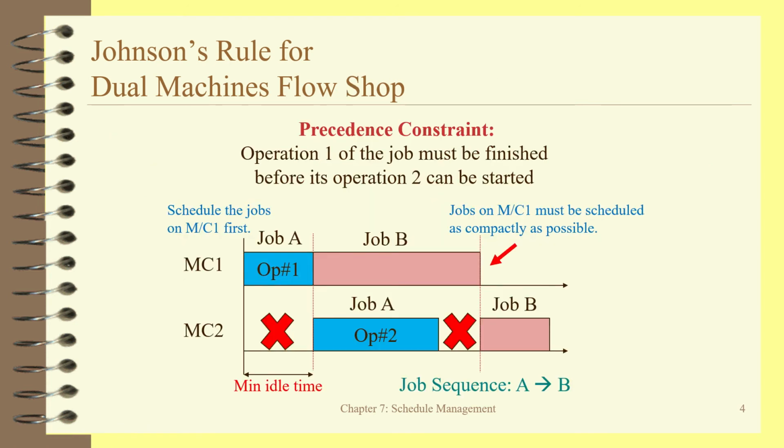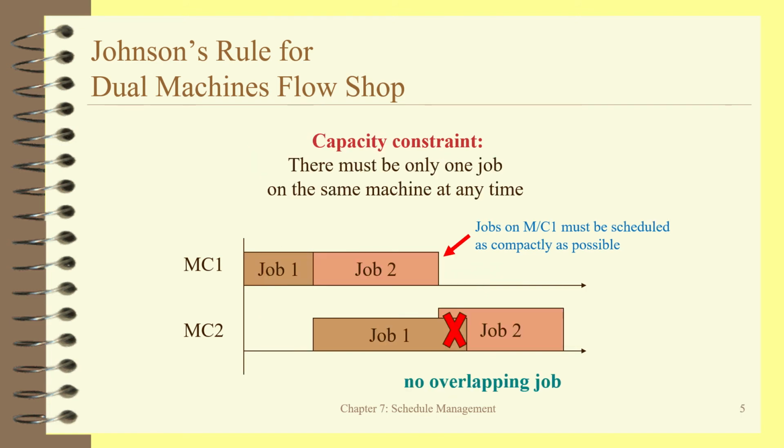There are two constraints that you have to follow. Let's go to this one first, the capacity constraint. I have already explained the capacity constraint to you last week. It says that there will be only one job on the same machine at any time.